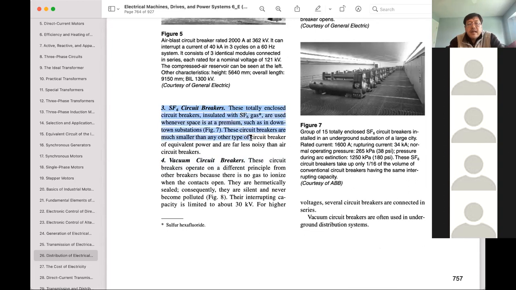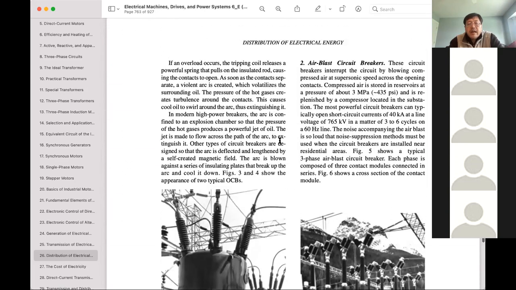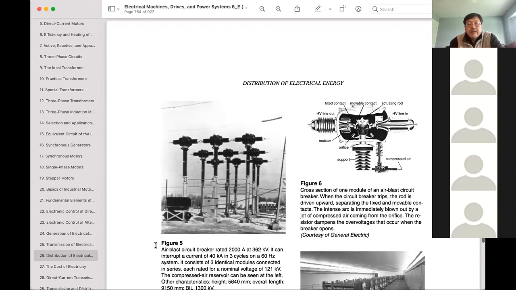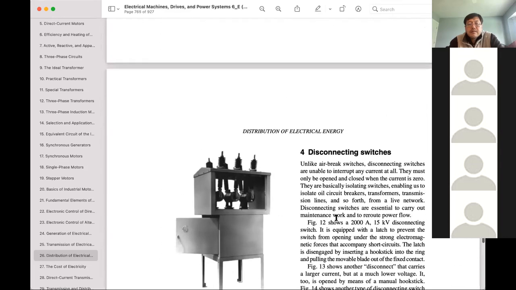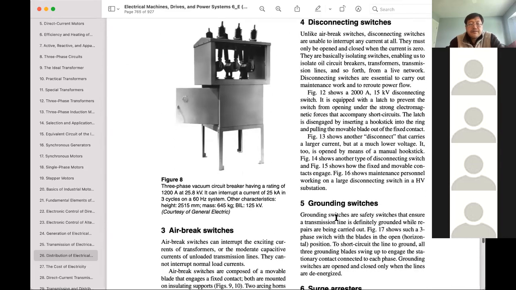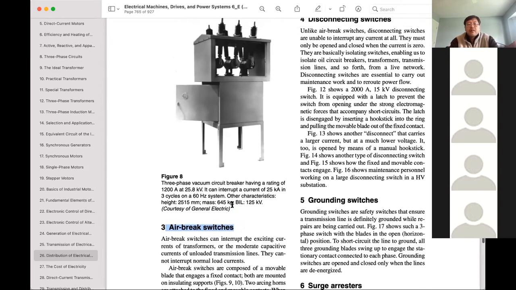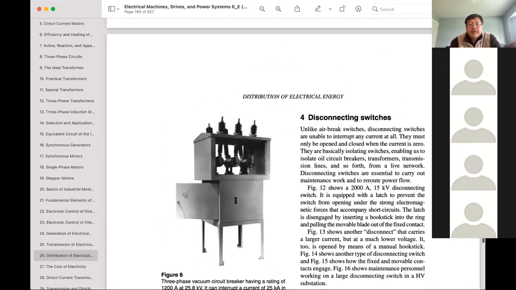This third type is less noisy. And then you have air and oil types. Figure 5 is the air type. Figure 6 is also air type. So circuit breakers, that's the number 1 component.